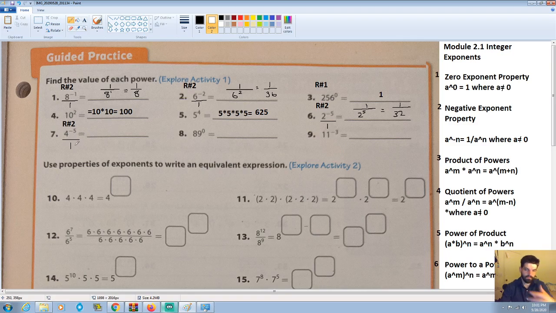So it's not flip-flopping the fraction, it's just moving everything from the numerator, because it's the only term, into the denominator to make it a positive exponent. So this is going to be 1 over 4 to the 5th power, and 4 to the 5th power is going to be 4 times 4 times 4 times 4 times 4, which is going to be 1024.